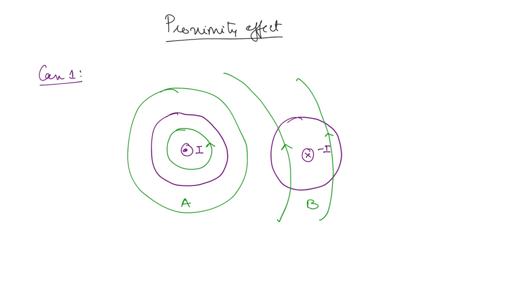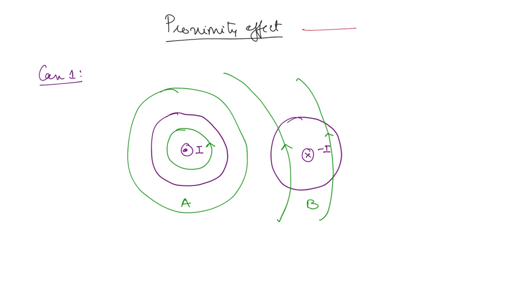So because of this magnetic field due to conductor A, there is going to be some induced currents in conductor B. Now in this region, the region which is nearer to both the conductors, the induced currents are going to be in the same direction as this. But at the region which is farther away from the conductor, the currents are going to be in the opposite direction. So that is the reason more concentration of current will be here. So that is proximity effect.